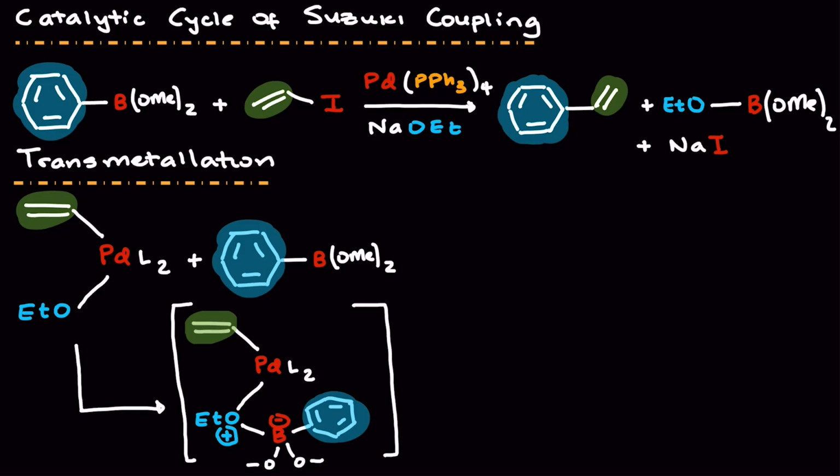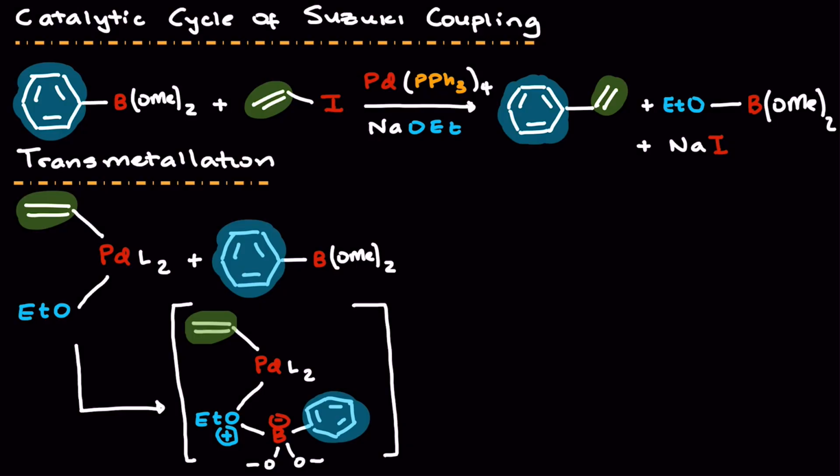and the boron that is now bound to that ethoxide gains a negative charge. This complex actually starts to push this reaction in such a way that the phenyl group that I'm highlighting in blue is more likely to now transmetallate or transfer from the boron, we're calling boron a metallic center, from the boron metallic center to the palladium metallic center.